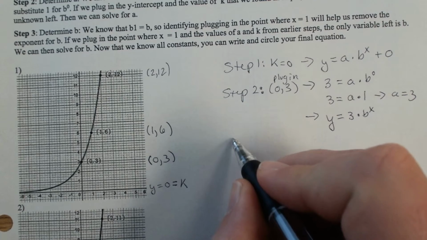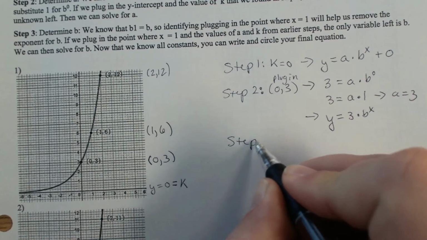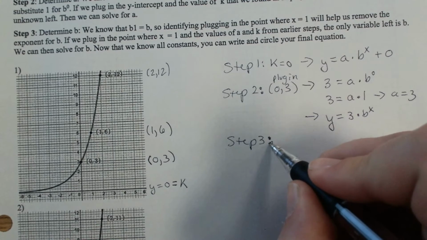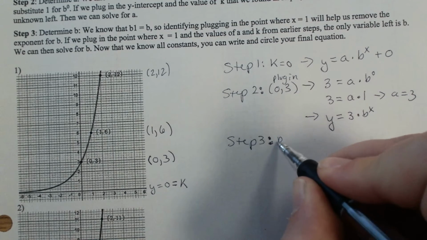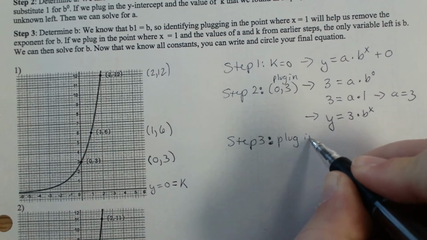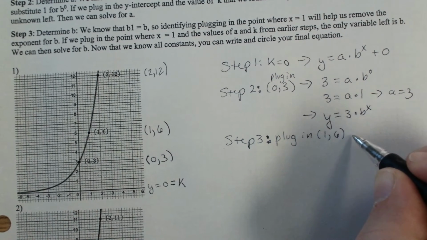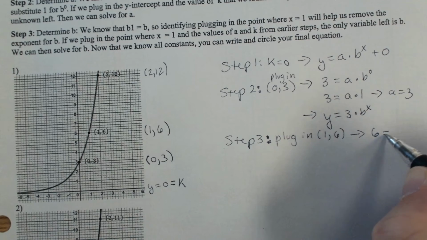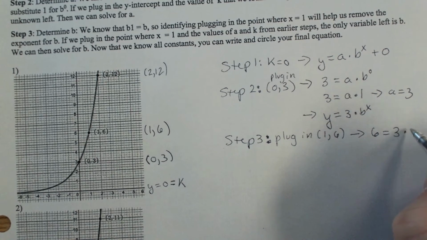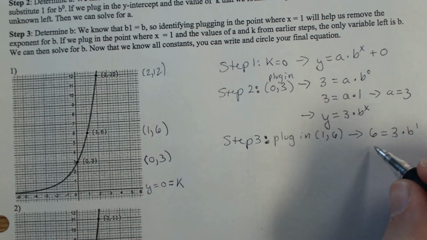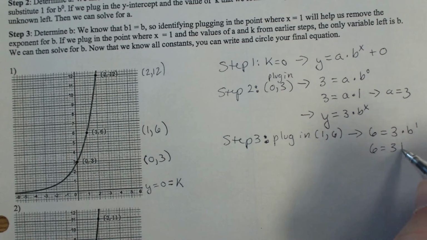Finally, step 3, we're going to plug in the point where x equals 1. So we're going to plug in 1 comma 6 in this particular case. So that'll be 6 is equal to 3 times b to the first. b to the first is just b, so 6 is equal to 3b.